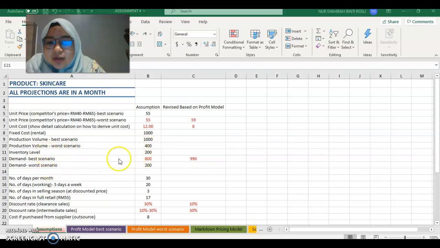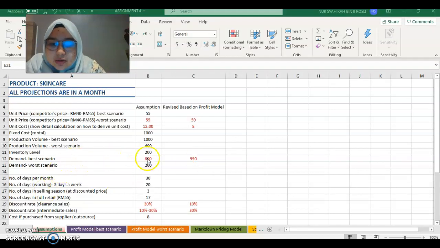For the inventory level, the stock that I keep is 200. And for the demand for the skincare, at first I assume it to be 800, but after revised on the profit model, it became 990.